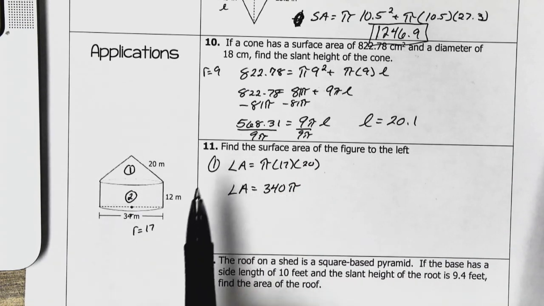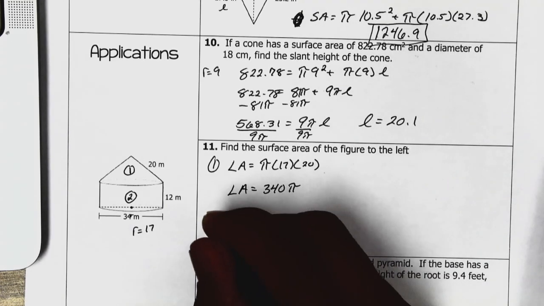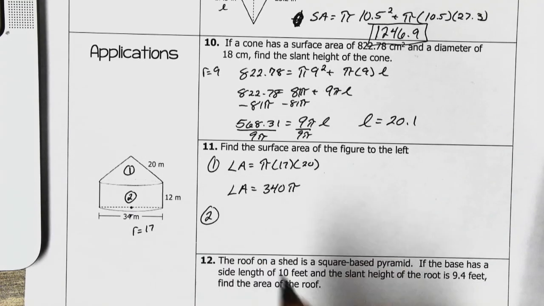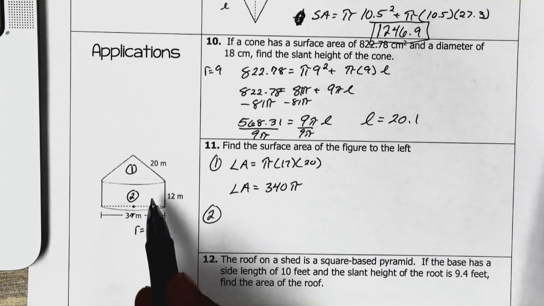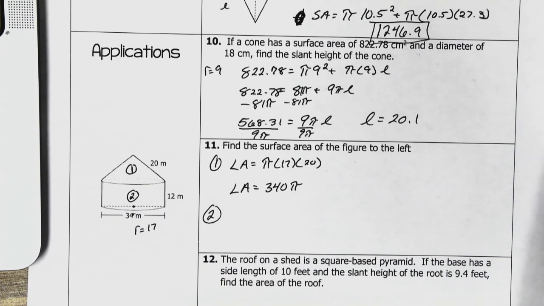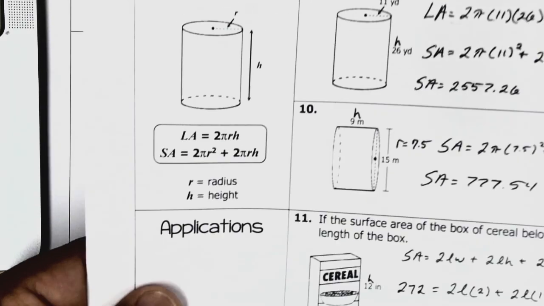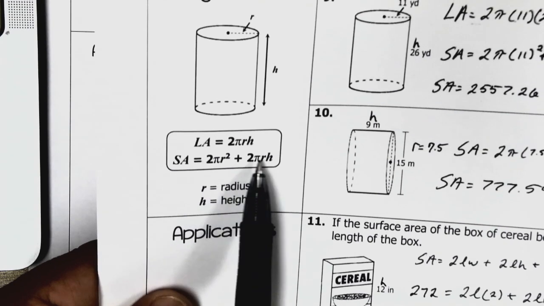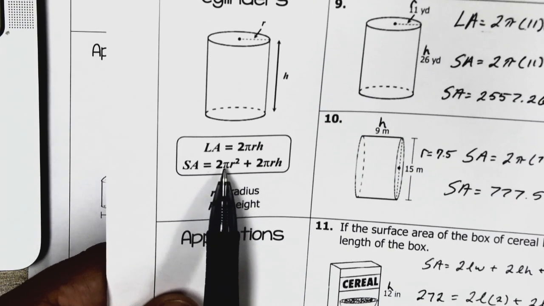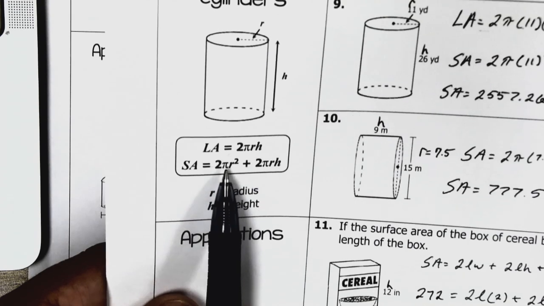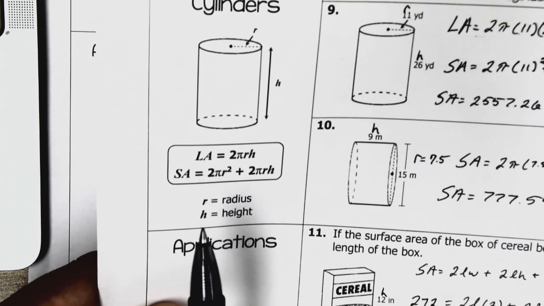Now, for the cylinder, I need the lateral area, which is the rectangle that's wrapped around, but I also need the bottom circle. So this is what I was saying earlier, that right here, I'm going to do this formula, except I'm not going to do the 2 pi r squared. I'm just going to do pi r squared, not 2. It's just 1.